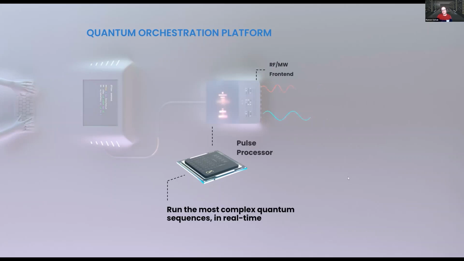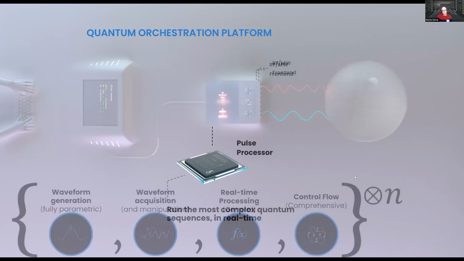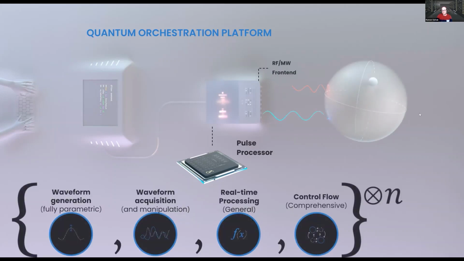And I will go into great detail, explain to you exactly what that means. The basic capability is the generation of waveforms, which is done parametrically. So for example, to generate a simple sinusoidal pulse with no envelope, it takes no memory. There is no AWG.